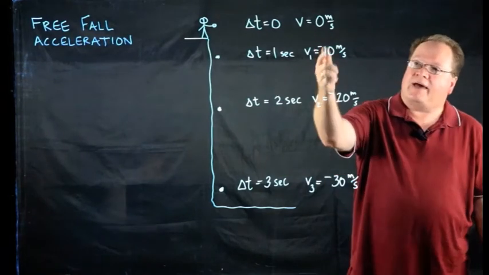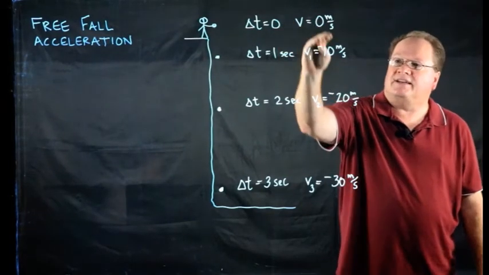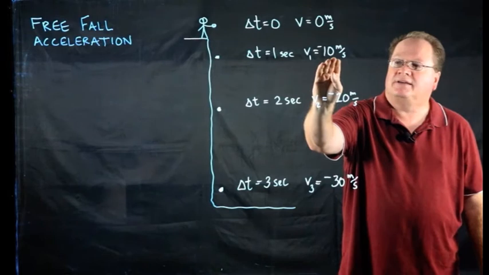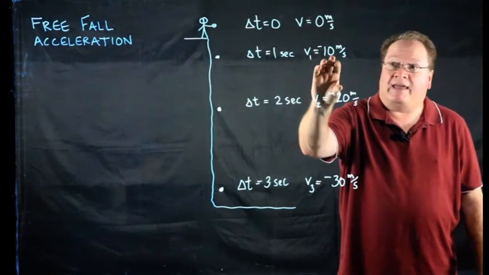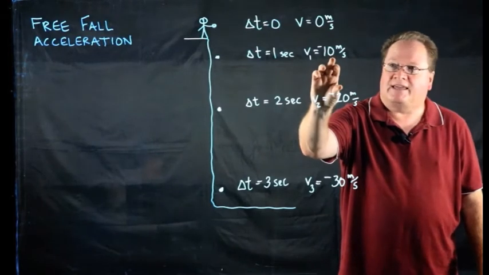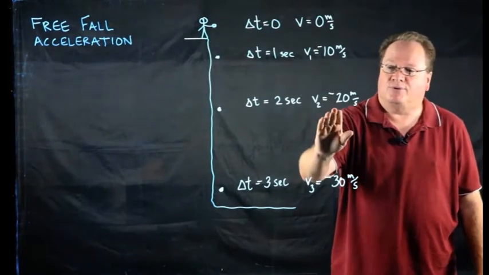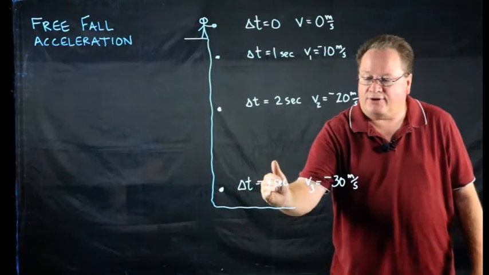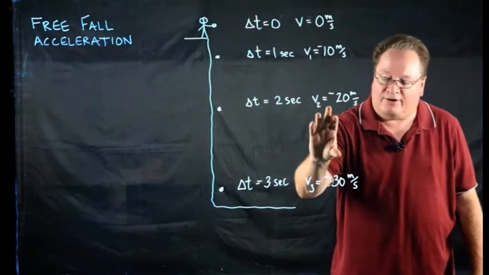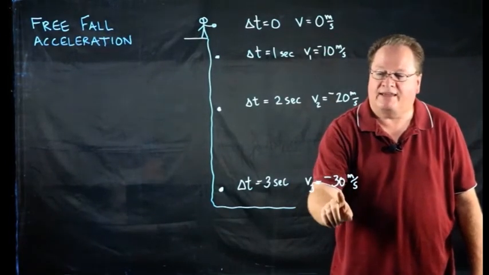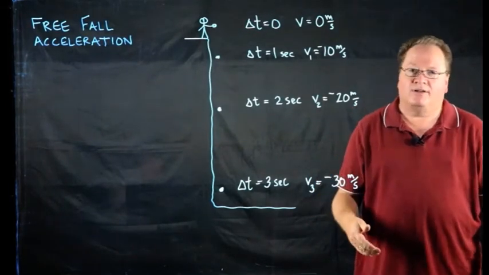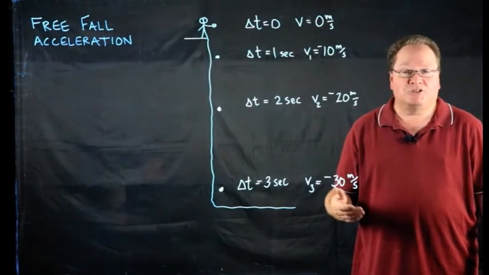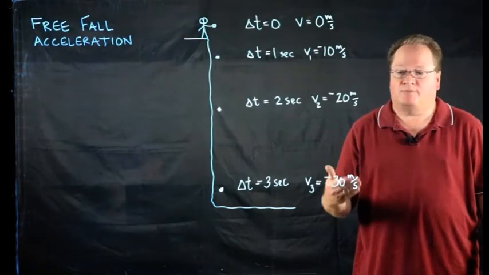Well, if you look at the pattern here, after 1 second it had increased by 10 meters per second. After 2 seconds it had increased by another 10 meters per second, or 20 meters per second total from the beginning. After the 3rd second, you add on another negative 10 meters per second. What do you think it would be at 4 seconds if it continued to fall? Well, if you look at the pattern, it should be negative 40 meters per second.